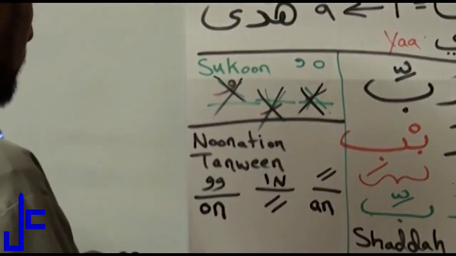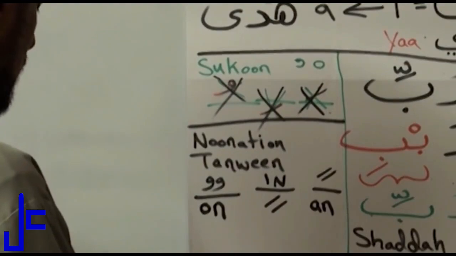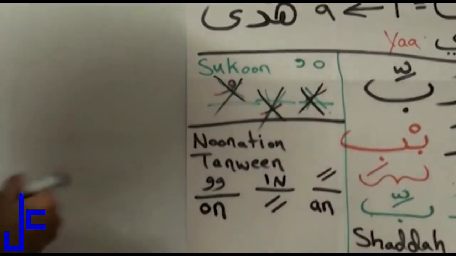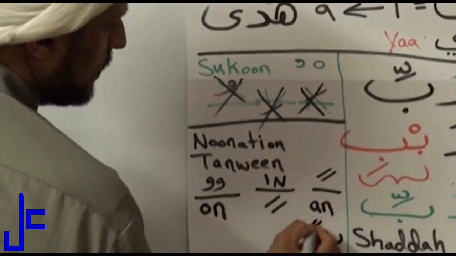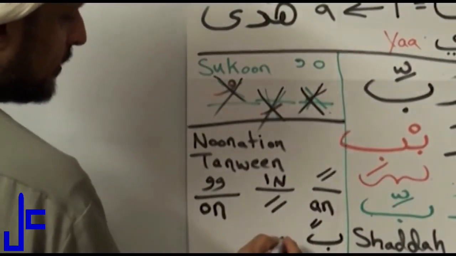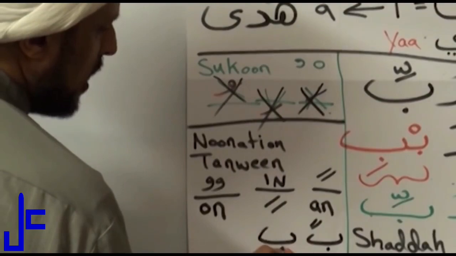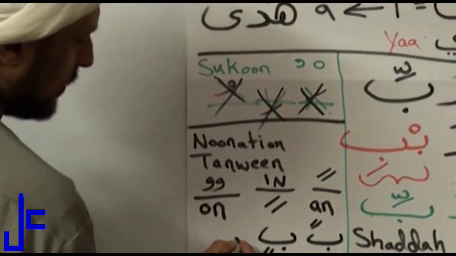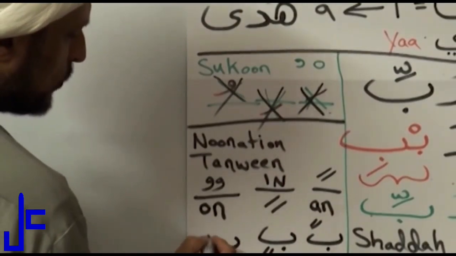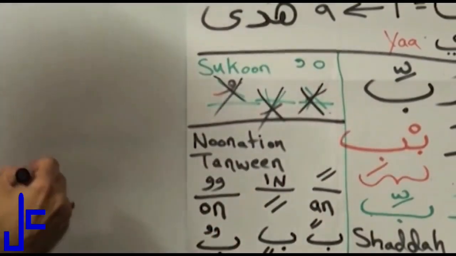Let's take an example. If I have a ba which has this, it will be ban. If I have ba which has this, it will be bin. If I have ba which has this, it will be bun.